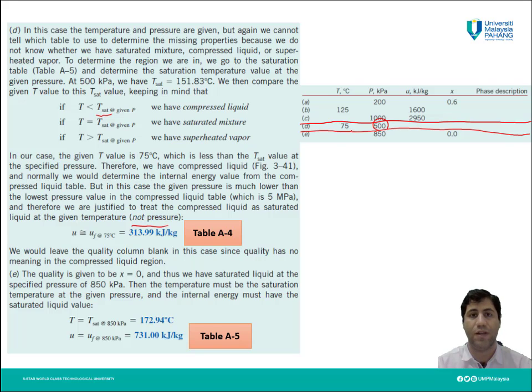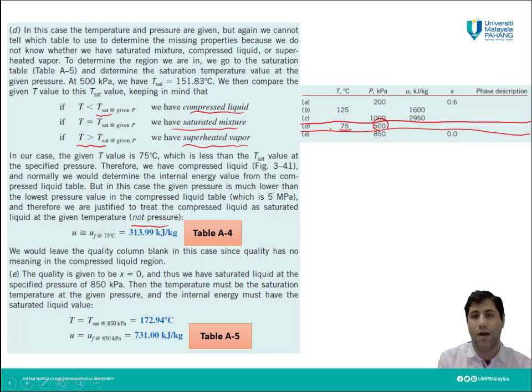Then we should compare that saturation temperature with the temperature which we have. If T, which we have here, is less than T saturation at the given pressure, we have compressed liquid. If they are equal, we have saturated mixture. And if our T here is higher than saturation temperature at this pressure, it means we have superheated vapor.